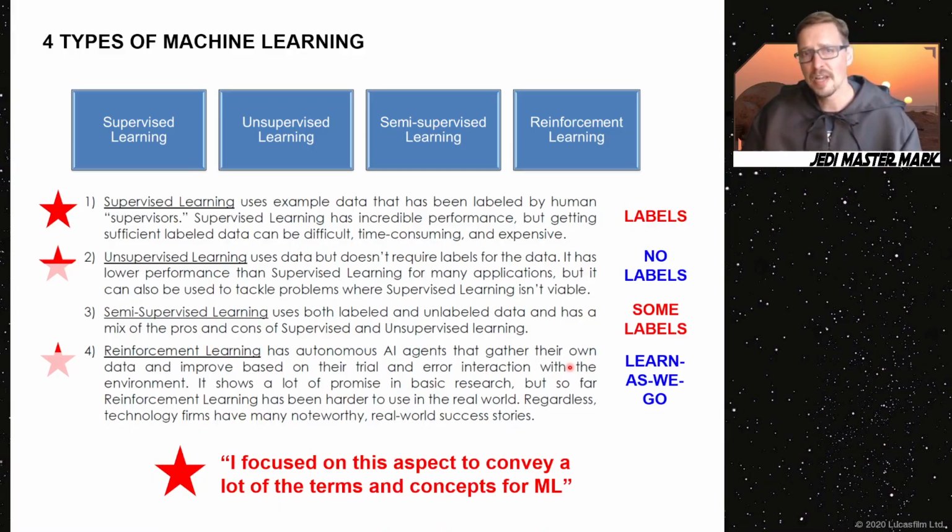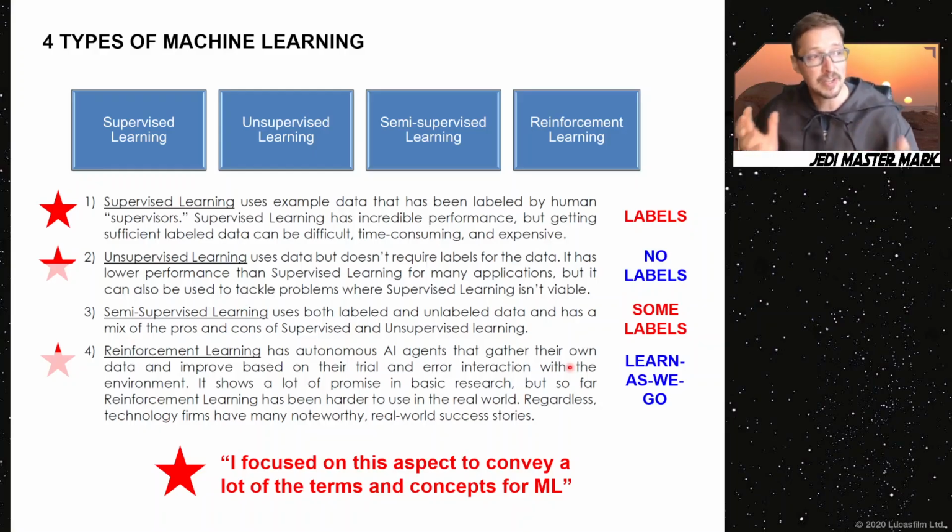There are a number of different ways that you can break apart machine learning, and here are a few of them. This is one way to think about the different types of machine learning. Supervised learning: you're going to have inputs and you're going to have outputs, or labels.